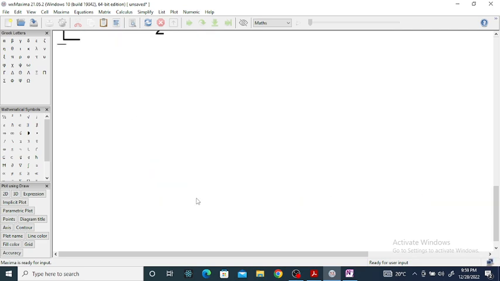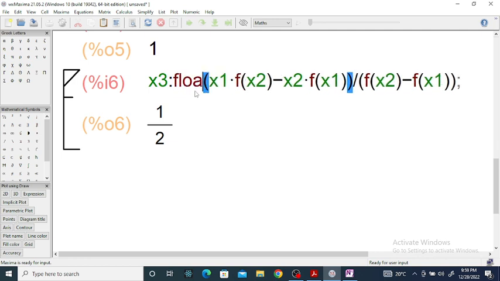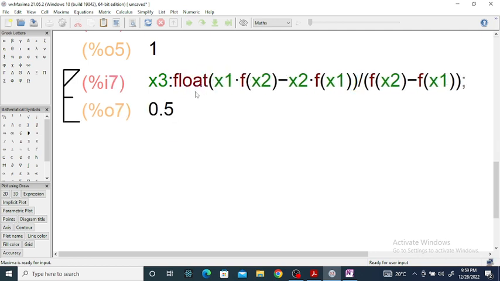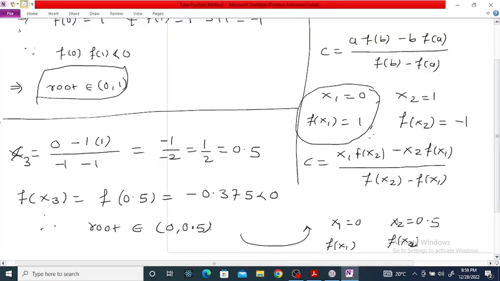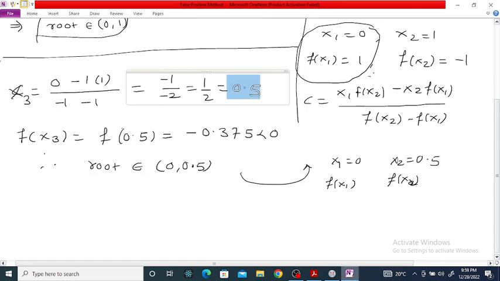Therefore we get x3 = 1/2, but we want this value in decimal form, so I am writing float. Now you can see the value of x3 is 0.5. We get the same value here.